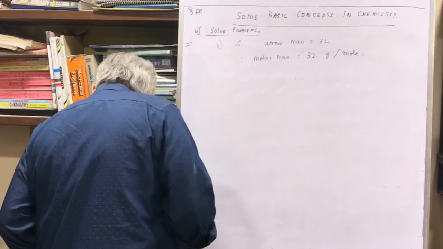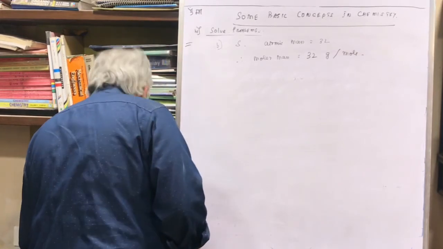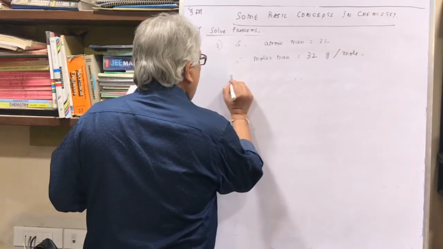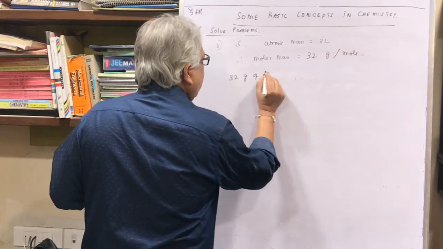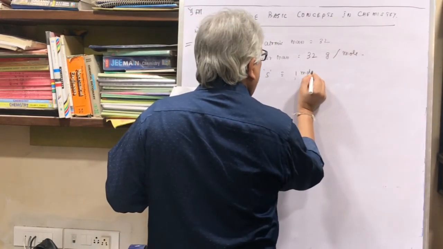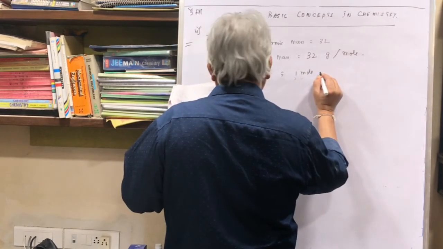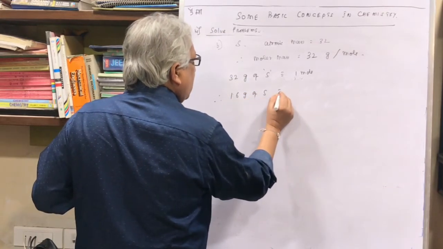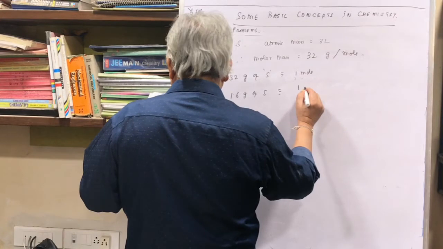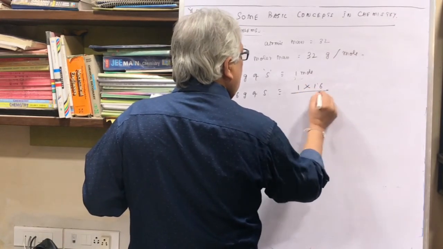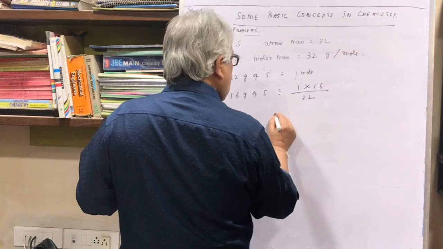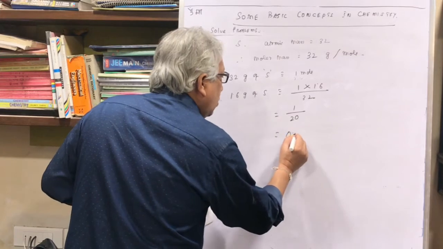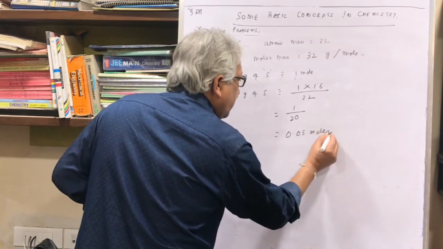Okay. Now, they have asked me 1.6 gram of sulfur. So my point is 32 gram of sulfur corresponds to 1 mole. Therefore, 1.6 gram of sulfur corresponds to 1 into 1.6 upon 32. So this actually will come to 1 upon 20 and that will be 0.05 moles.